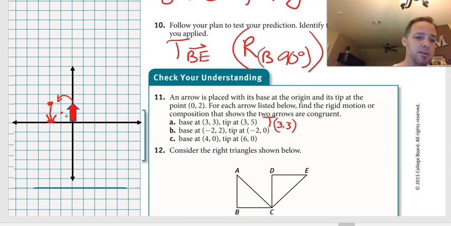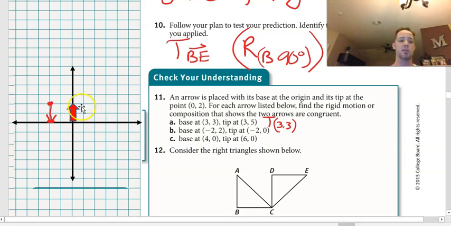But if you wanted to use more than one transformation, it'd probably be easier. You could rotate about the point 0, 1. So get it upside down 180 degrees, and then translate over. You could translate and then rotate.